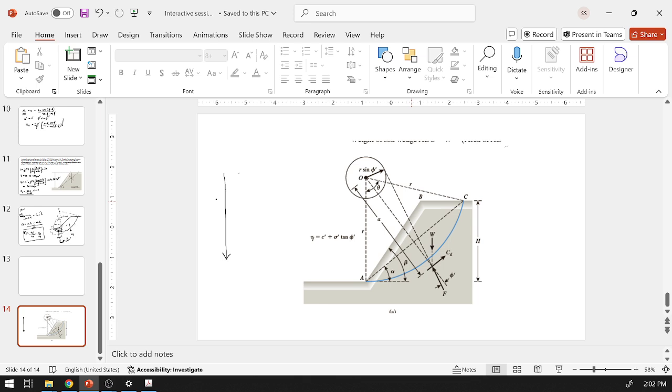Then we will calculate the total CD, which is small cd R theta, isn't it? And then we take this, and from here we join.